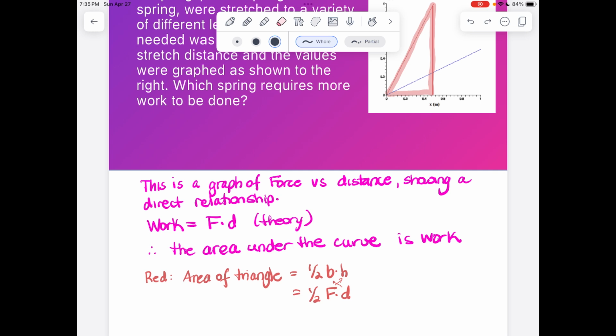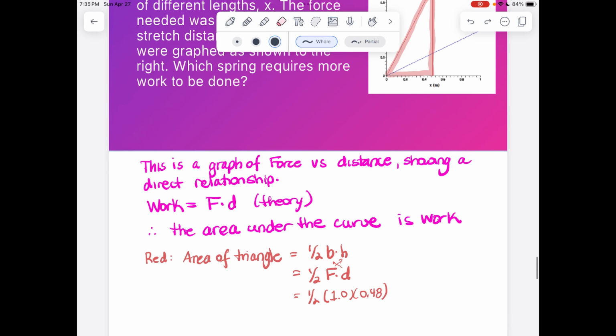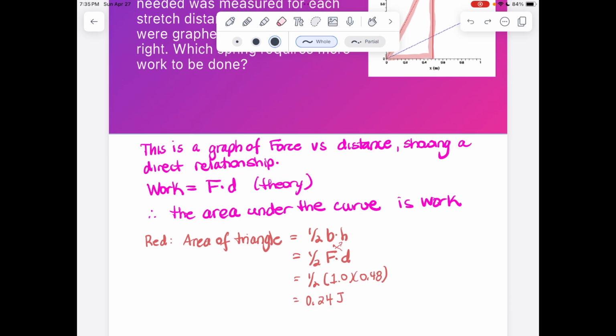So the average force times distance is work. So you can just pick your last point there. You figure out, okay, what's the maximum force? What's my distance? And then I can do the math. I get 0.24 joules.